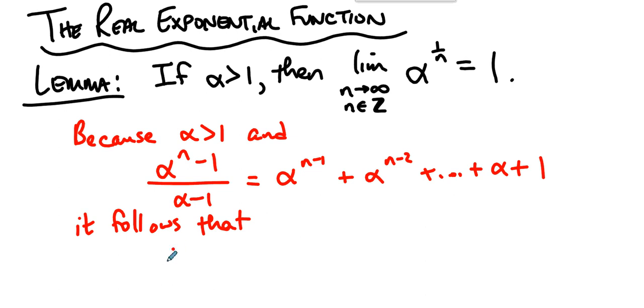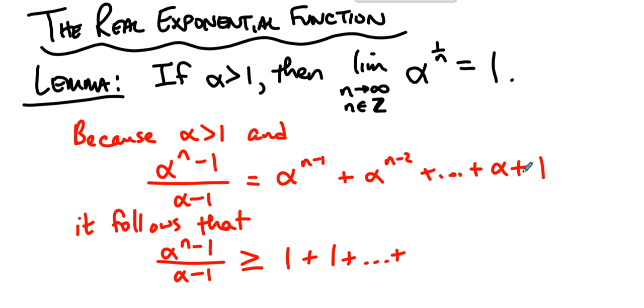alpha to the n minus 1 over alpha minus 1 is greater than or equal to, well, let's consider. This alpha is greater than 1. We raise it to an integer power that's greater than 1.